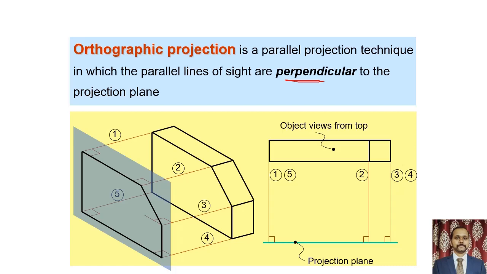But we are seeing this object, this is the front side object. When we see this from the top side, you are going to see this shape. Okay, if I mark it A here, then this is the A. If I mark B here, then this is the B. And this is the C, right?